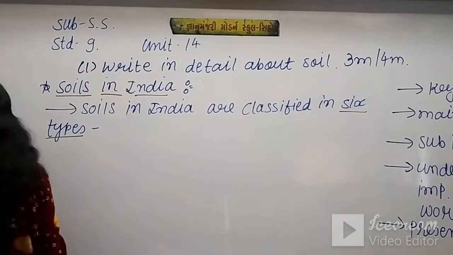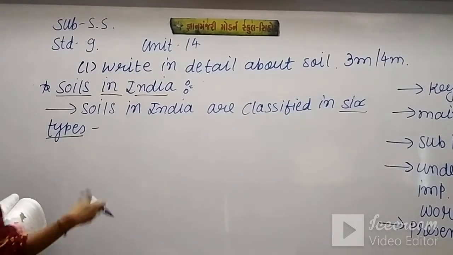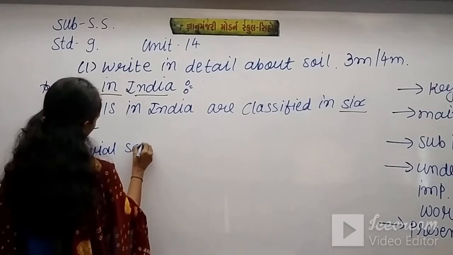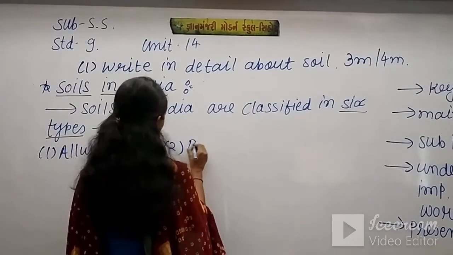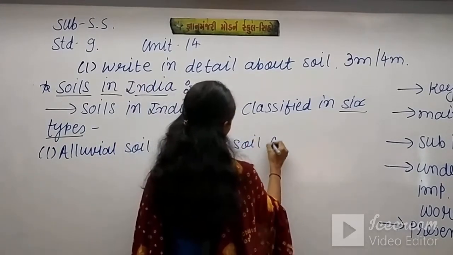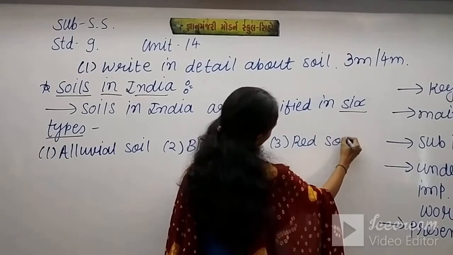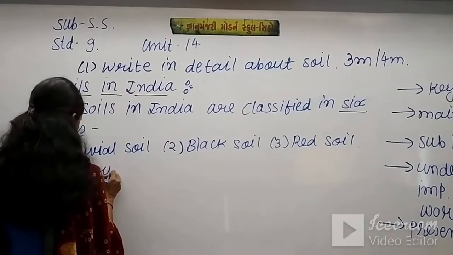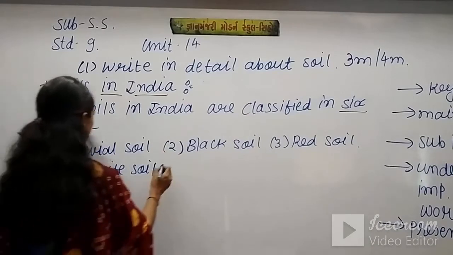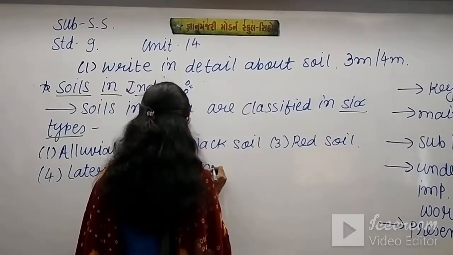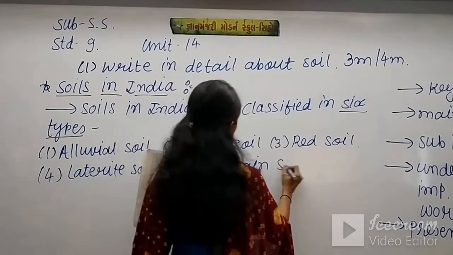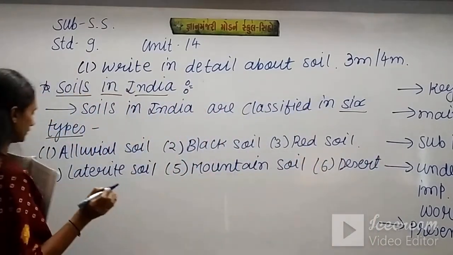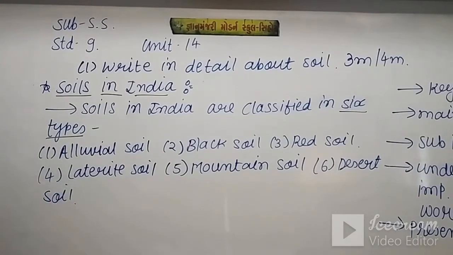That is alluvial soil, second is black soil, third red soil, fourth laterite soil, fifth mountain soil, and number 6 is desert soil. So these are the 6 types.